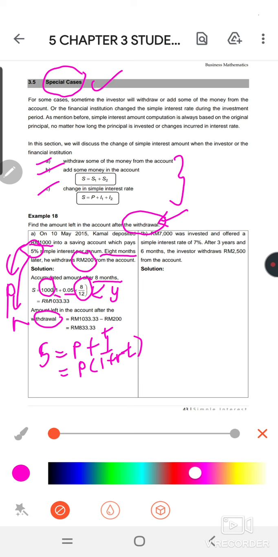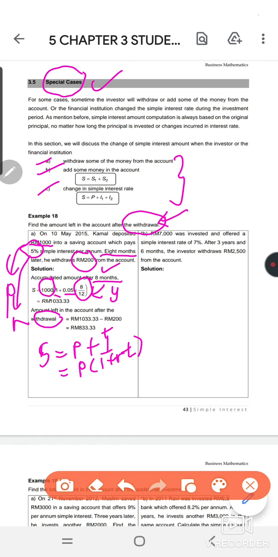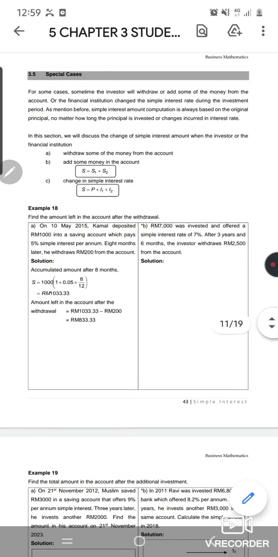So now Kamal's account is 833.33. So kita kena consider juga kalau ada special cases. Maksudnya dalam case ni Kamal keluarkan wang. Okay, so you can try solve example 18B.